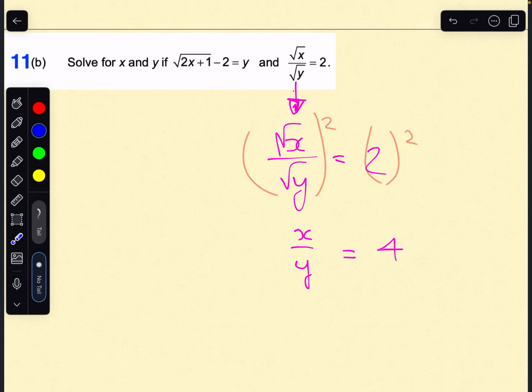We'll just have to make sure that whatever answers we get are in fact true, because sometimes when you solve an equation involving square roots, you might find that the answers only work if you took the negative square root of a number, not the positive square root.